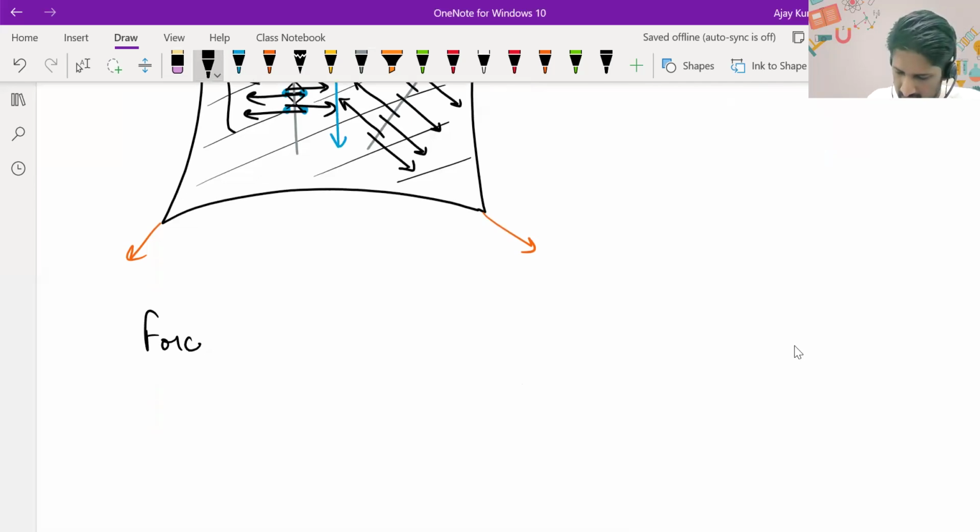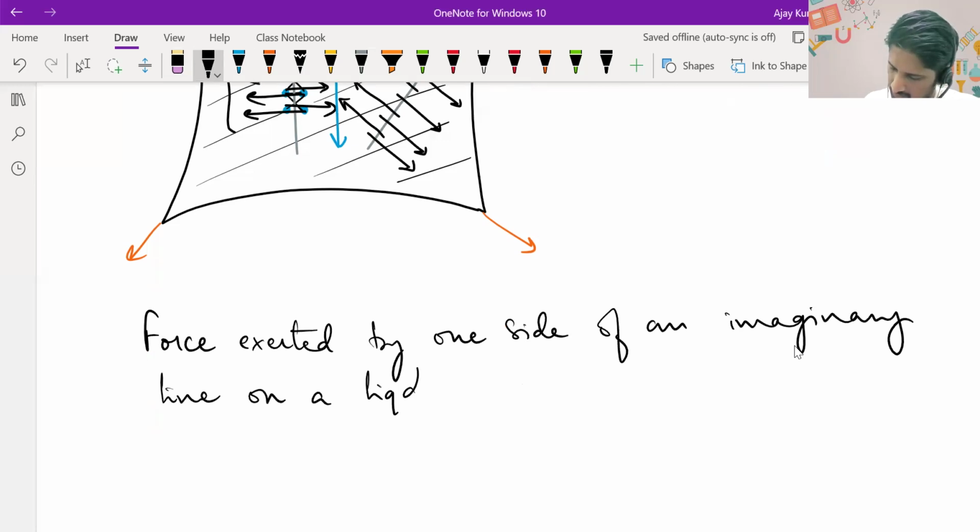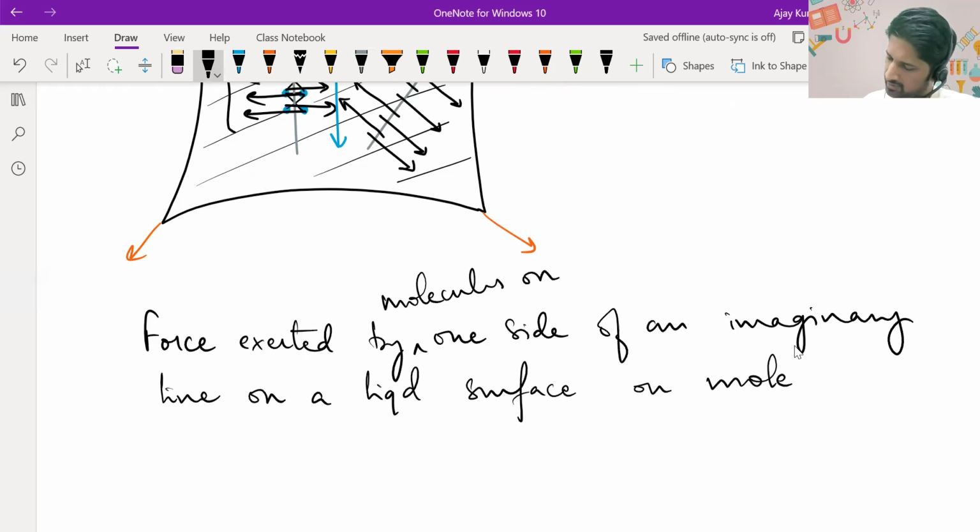So the force exerted by molecules on one side of an imaginary line on a liquid surface, on molecules on the opposite side, is proportional to the length of the line.